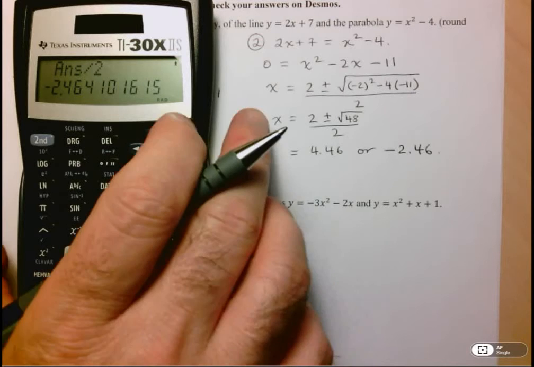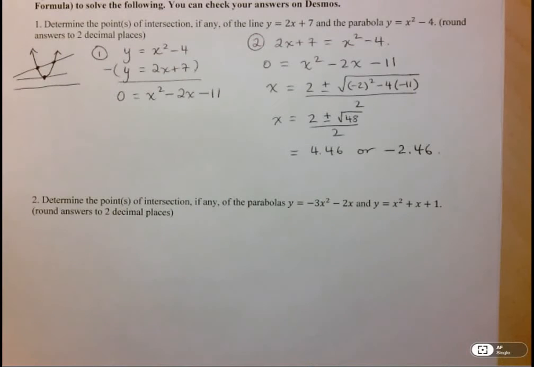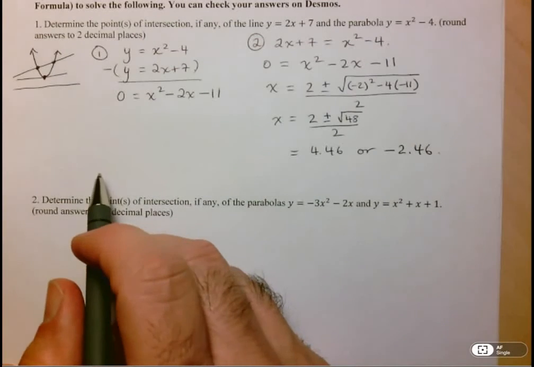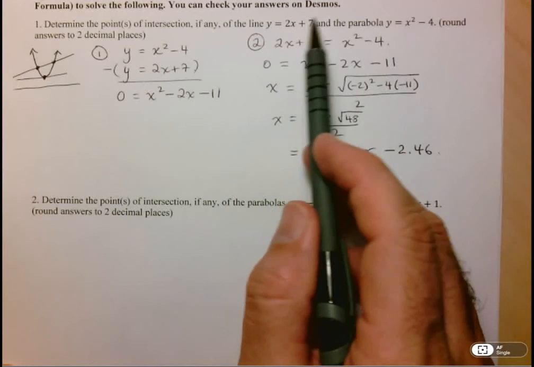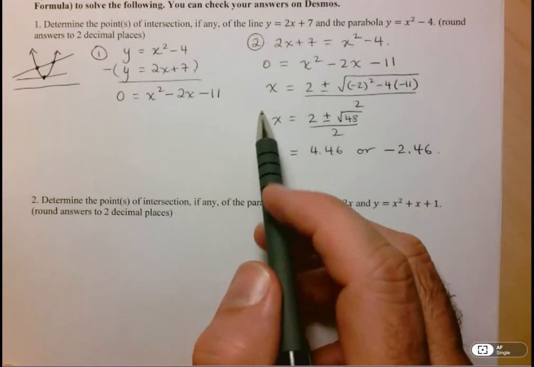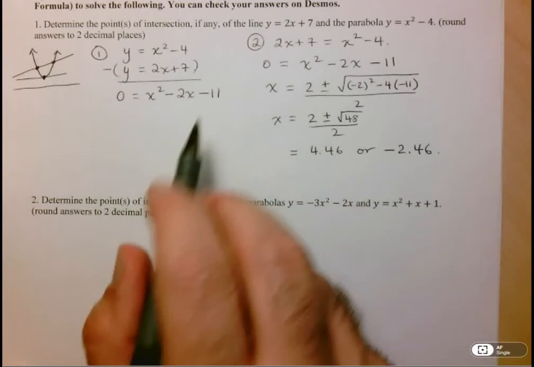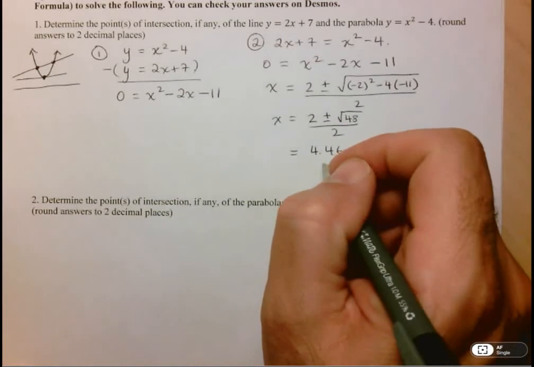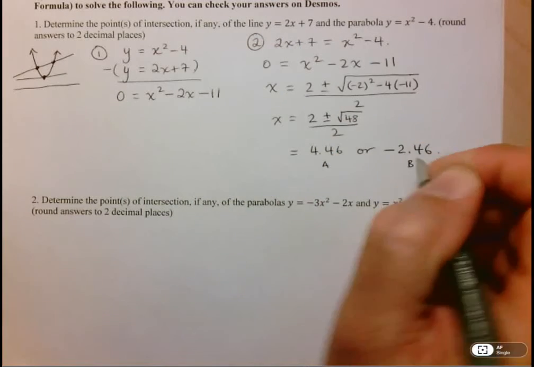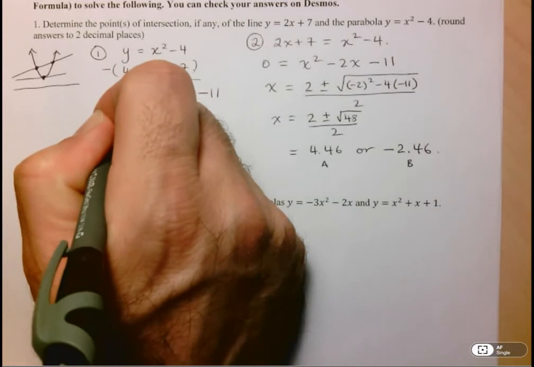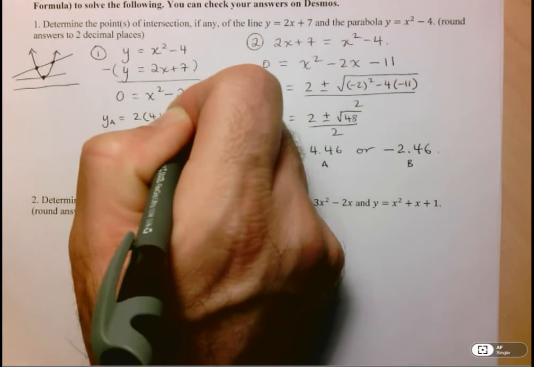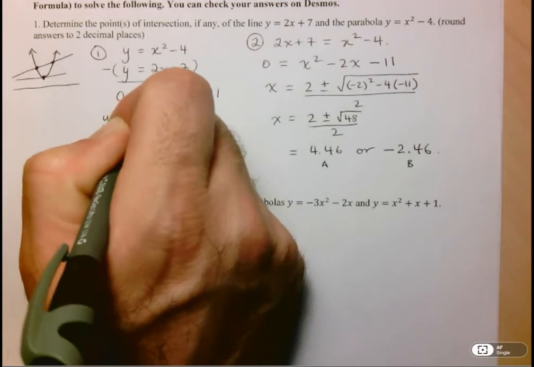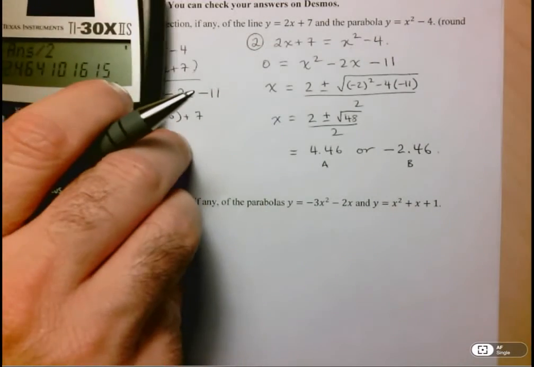Okay, but since we're looking for the points of intersection, we need to find the y values. So remember, this point is on both of these graphs, so I only need to use one of them to find the y value. So let's say I've used the linear one, so I'll call this A, I'll call this B. So y_A is equal to 2 times 4.46 plus 7. Let's calculate that.